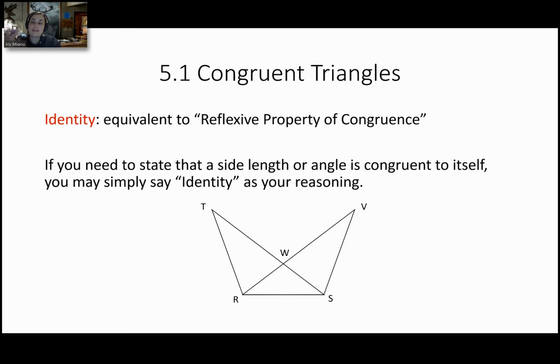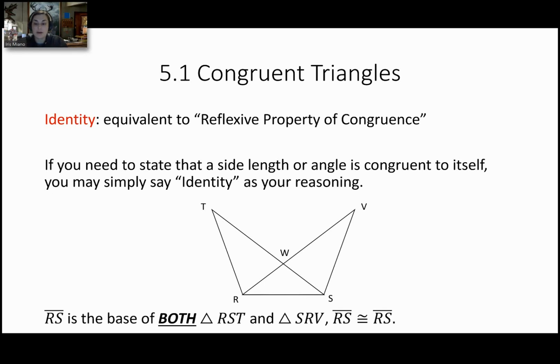So here is a little bit of a generic example. This actually isn't in your lecture notes. It's just by means of illustration on how this identity justification works. So consider triangles TRS and a triangle VRS. These are triangles that are overlapping with one another.